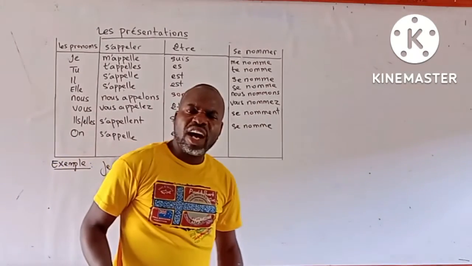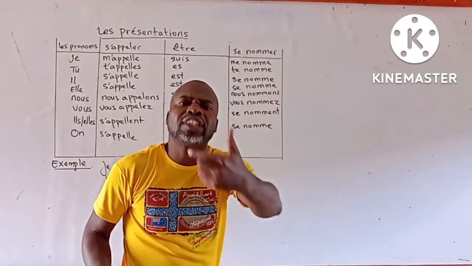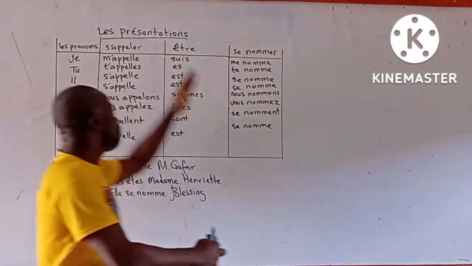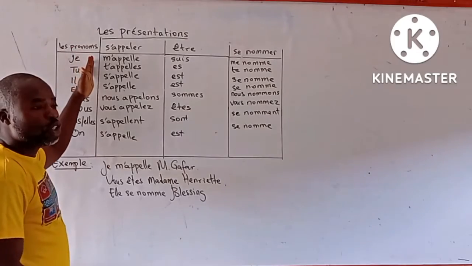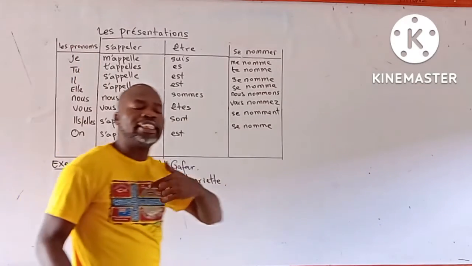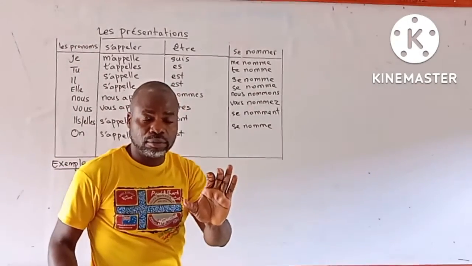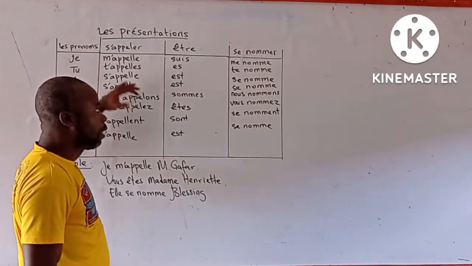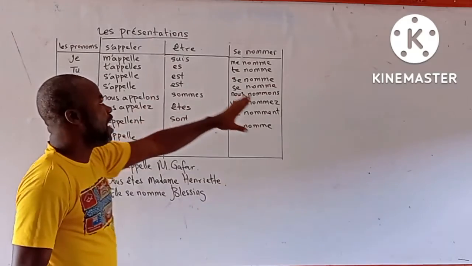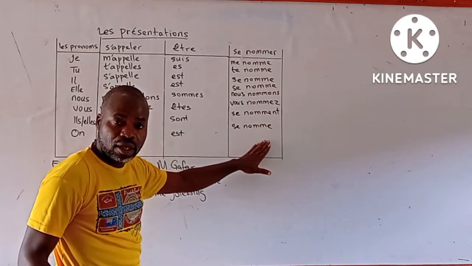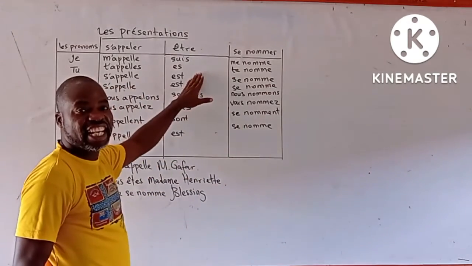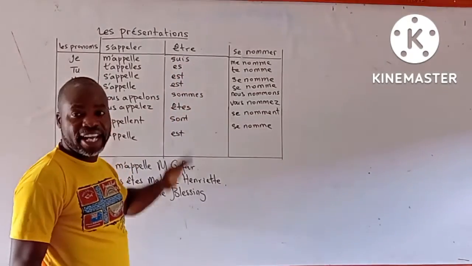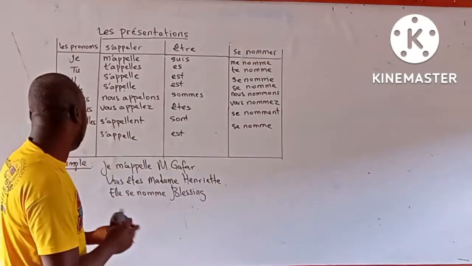You will be wondering, what if you want to know someone's name? Asking a question is very simple. Use this interrogative word, comment. Comment is used for s'appeler et se nommer. While qui is used for the verb être. Exemple.